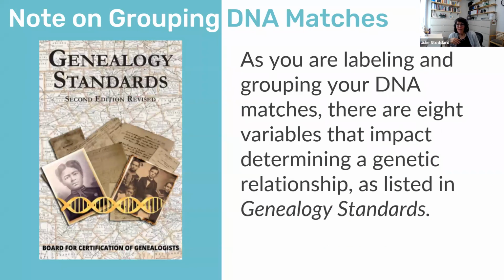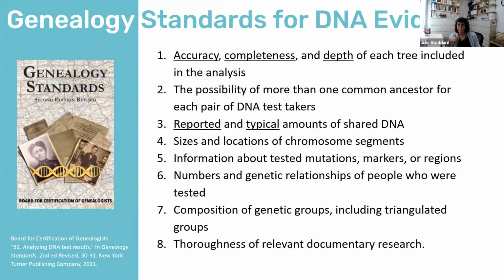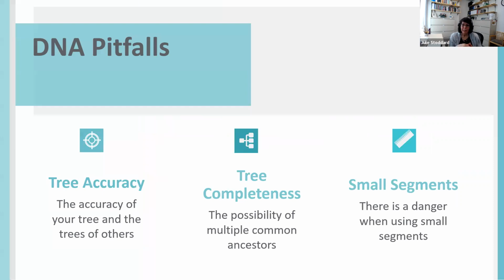So as you're labeling and grouping your DNA matches, there are some genealogy standards. And we're not going to spend a lot of time on it, but I just want you to be aware of some of the pitfalls. In fact, I think we'll just go right here. So when I look at a shared match on my DNA match list, they have a beautiful tree, but I can't trust that tree all the time, right?